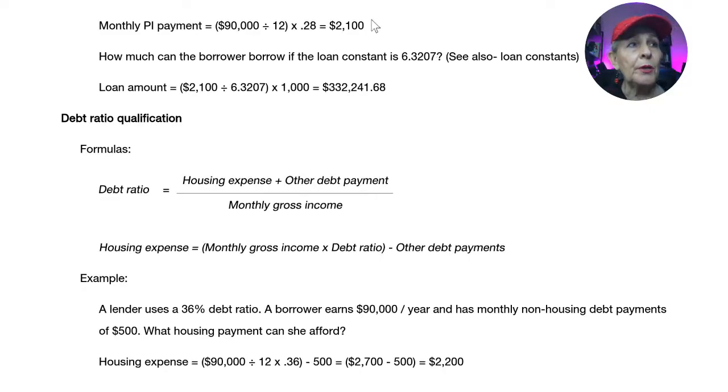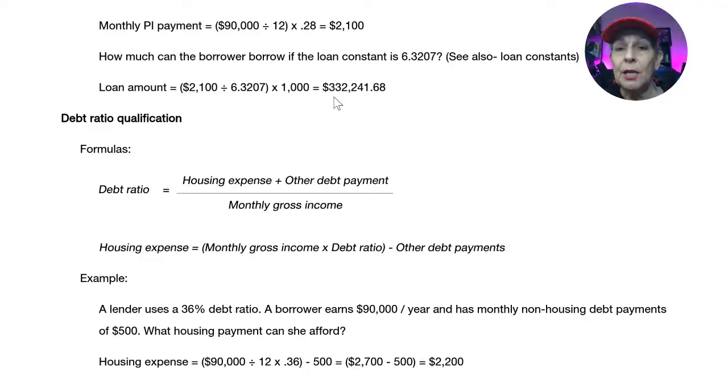So we know that at the 28% rate the lender can use, they would have a $2,100 payment. How much home can they buy? The loan amount is what we're looking for: $2,100 per month divided by the constant number, 6.3207, times 1,000. The 1,000 doesn't change.